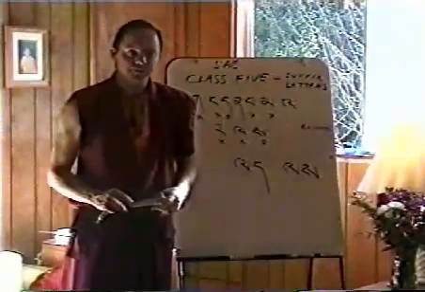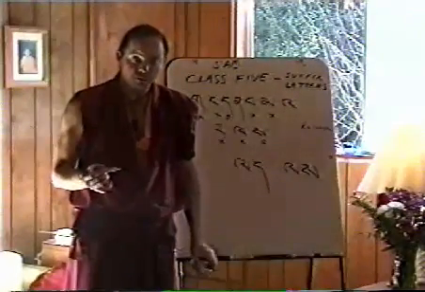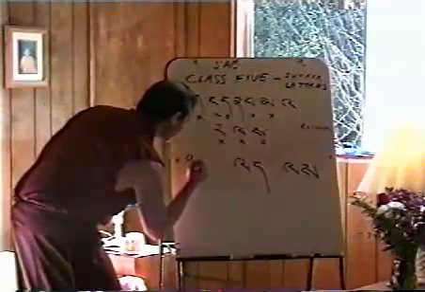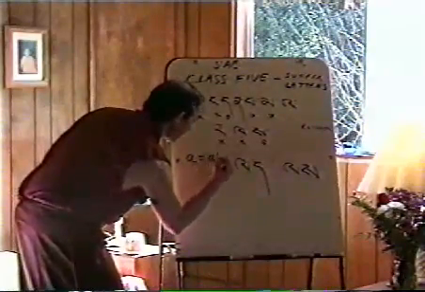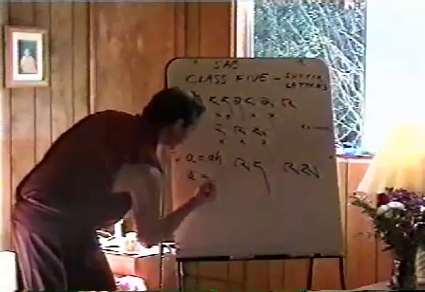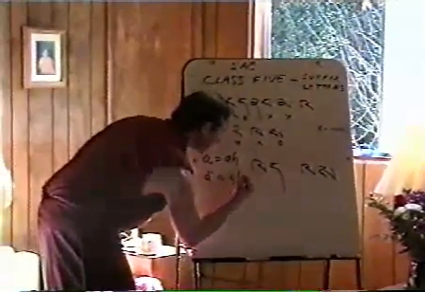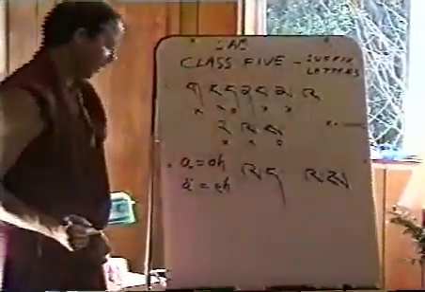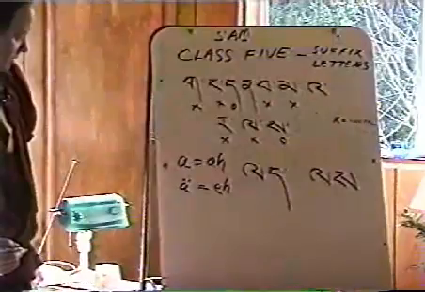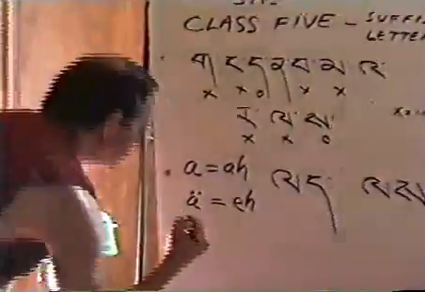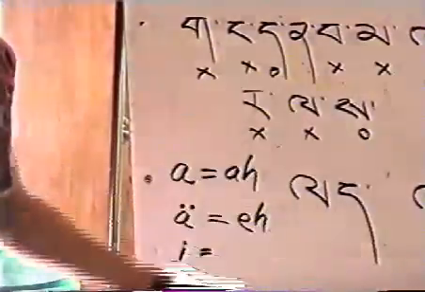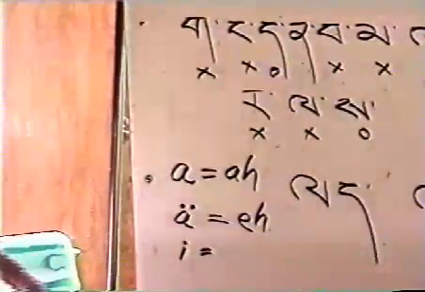Those of you who know German, umlaut. What does an umlaut mean? A without the umlaut is a. A with an umlaut is sort of an eh sound. E doesn't take an umlaut in normal German, and it doesn't in Tibetan either, so we can scratch it.